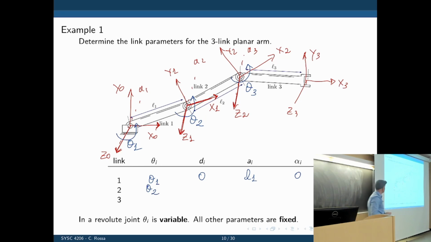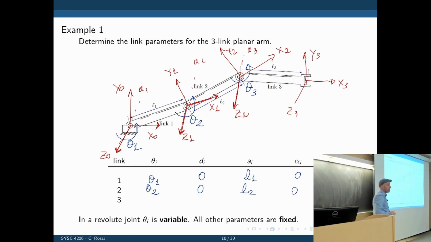What's the translation along z of x2 with respect to x1? Still 0. What is the translation of z2 with respect to z1 across x2? L2. And once again, both z's are coming out of the plane. Their rotation around x is still 0.